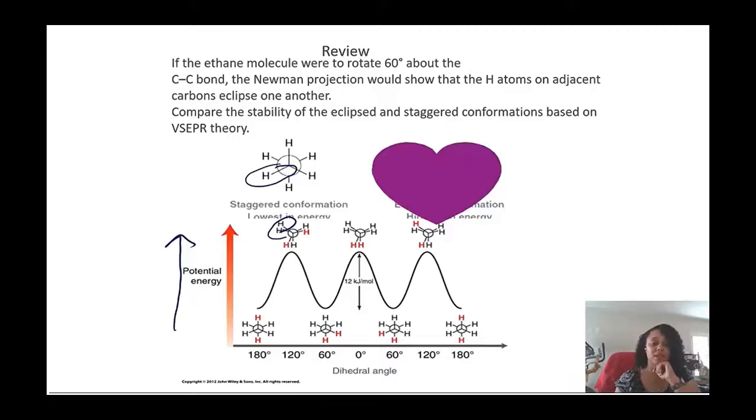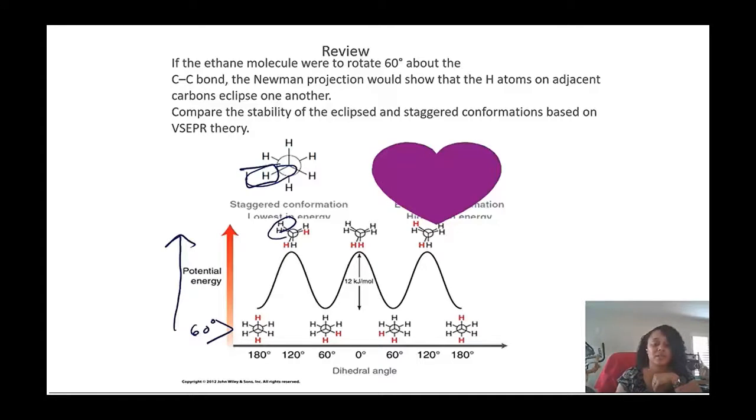And so when everything is in the staggered form, that's the most simple way to have all the electron clouds furthest away from each other. When you have a dihedral angle of about 60 degrees for each group and they're not on top of each other, then we actually have less interaction. But as we rotate, you go from eclipse to staggered, and all of the staggered is going to be the same energy because they look the same, right? All the eclipse have the same energy because they look the same.